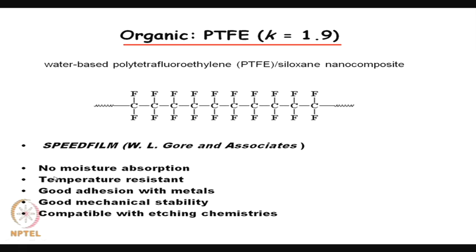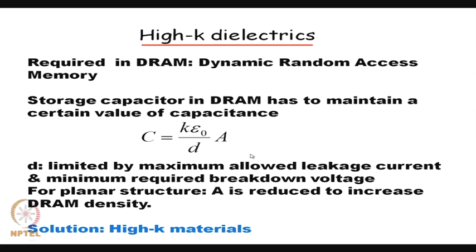It has no moisture absorption, it has temperature resistance, it has good adhesion with metals, good mechanical stability and is compatible with etching chemistries. That is also important, because in some cases etching must be done. So, this Teflon or the PTFE is one such material having K very low, 1.9, having these properties, and it is also industrially available in the name of speed film from WL Gore and Associates.